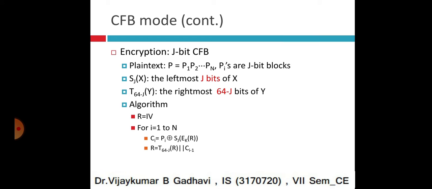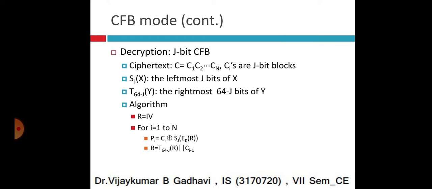The equation is Ci is equal to Pi XOR Sj of Ek of R. Next equation, R is equal to T 64 minus j of R. Here we see the operators, Ci minus 1.